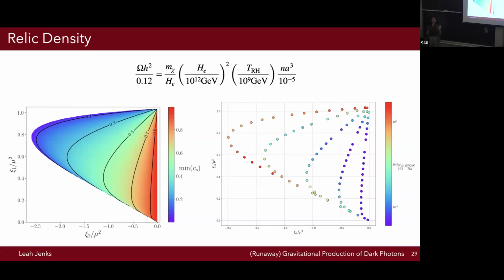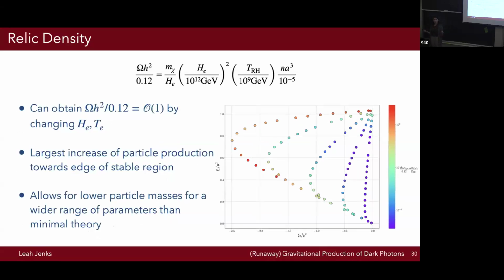You can see that generally there is a larger enhancement in the number density the closer you get to the boundary, as we would expect from the previous plots. Again, to your point earlier, this really opens up the parameter space a bit more to where you can get the correct relic abundance of dark matter. The parameters to tune are M, HE, and T reheat. From the minimal case, you're able to have a wider range in these parameters to get the correct relic abundance.